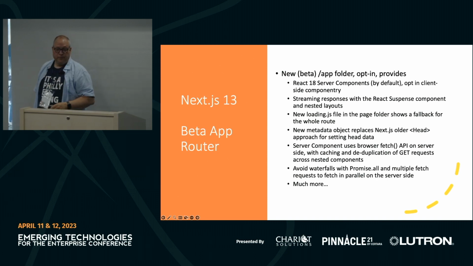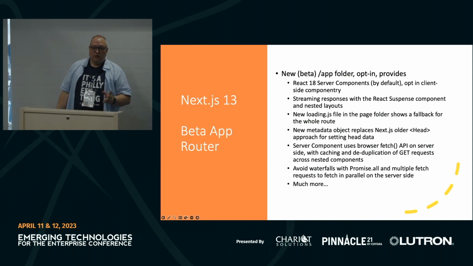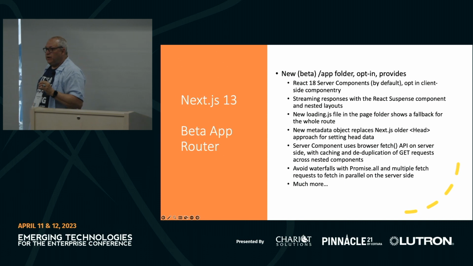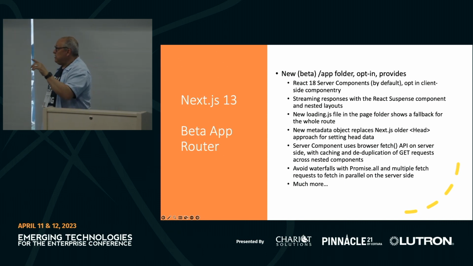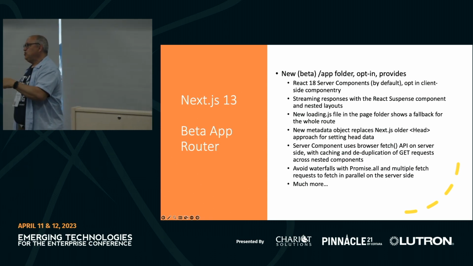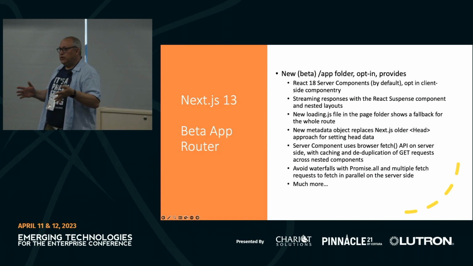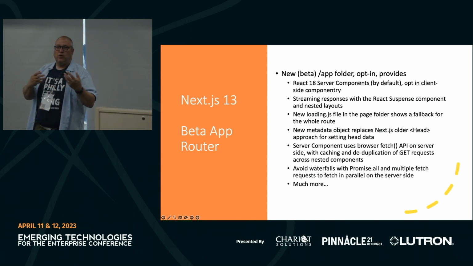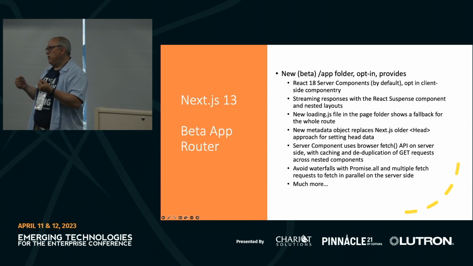Oh, now it's done. And one of the other things they're starting to do is another emerging trend, which is they're starting to use what Remix does, which is using standard HTTP browser APIs on the server side. So when you're writing your components, you can use fetch, and you can use request, the response, the URL, all those things. You're using the same library for the most part.